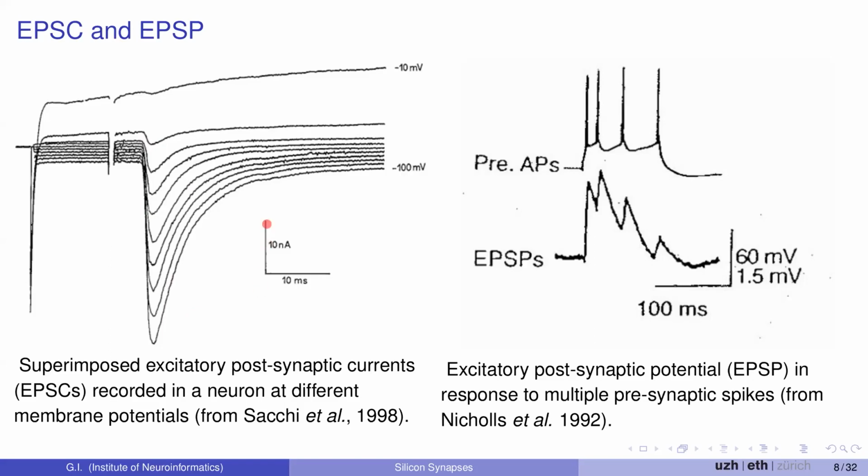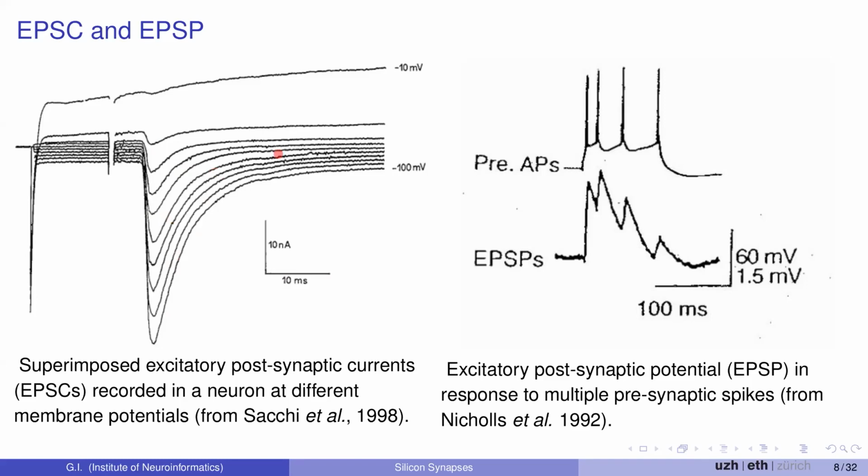Here you see we have 10 nanoamps, and you have seen already from our circuits, we can actually produce currents of this scale. And I will show you how we can produce dynamics that have these time constants.